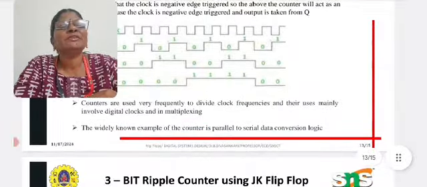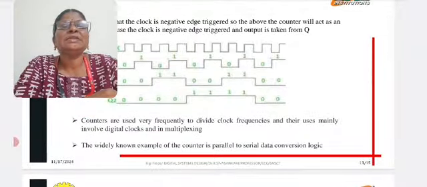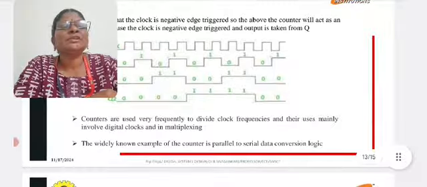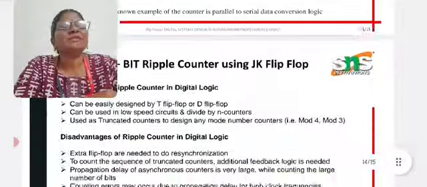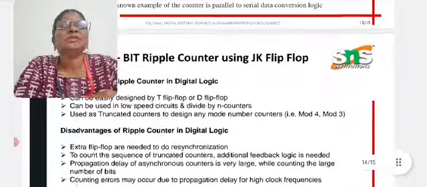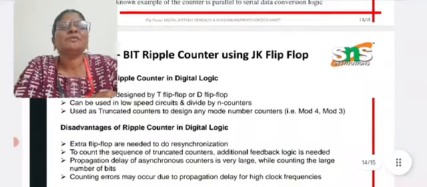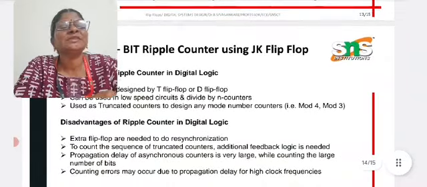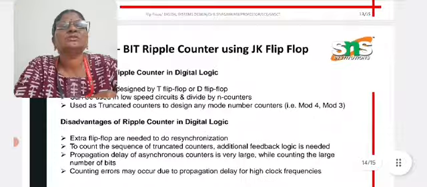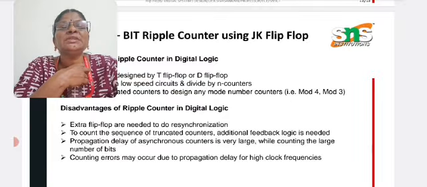Counters are used very frequently to divide clock frequencies, and their uses mainly involve digital clocks and multiplexing. A widely known example of the counter is parallel to serial conversion logic. Advantages of a ripple counter in digital logic: it can be easily designed with T flip-flops or D flip-flops, it can be used in low-speed circuits, and divide by n counters are used as truncated counters to design any mode number counters like mod 4 and mod 3.